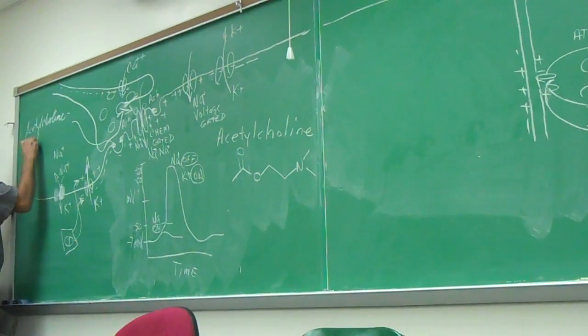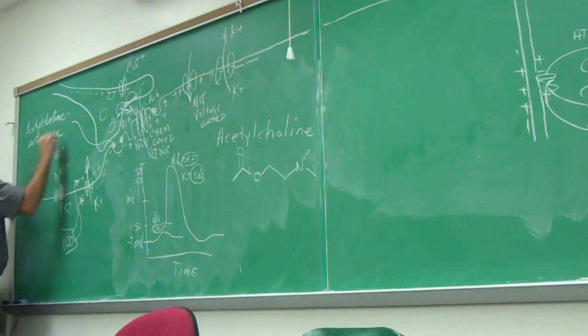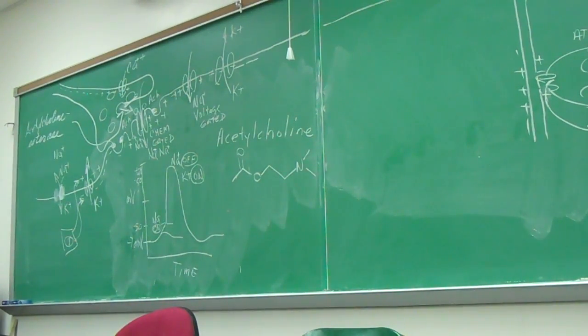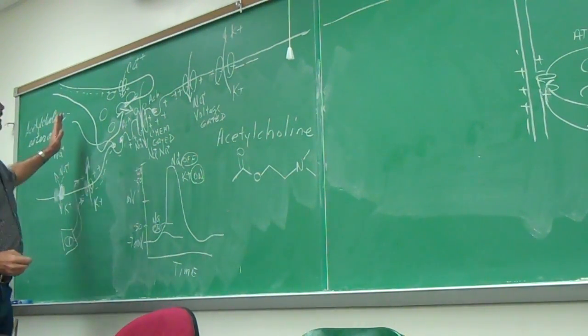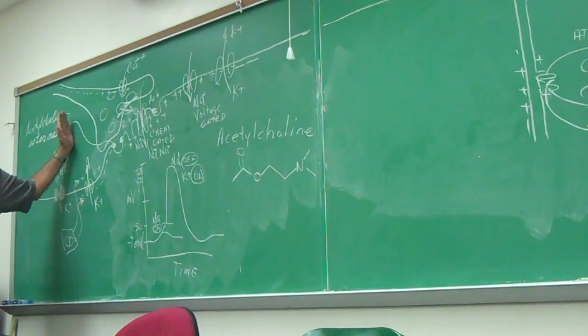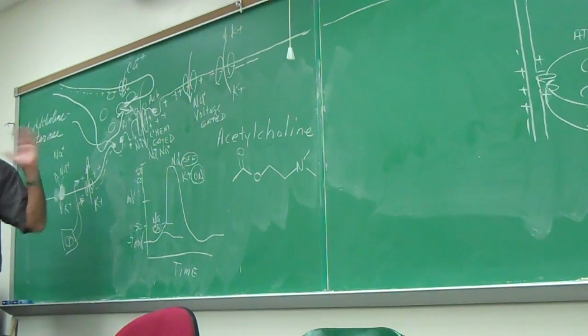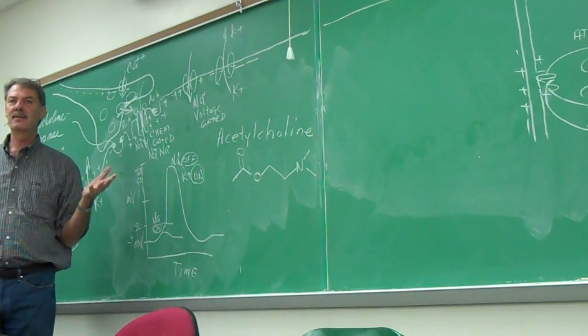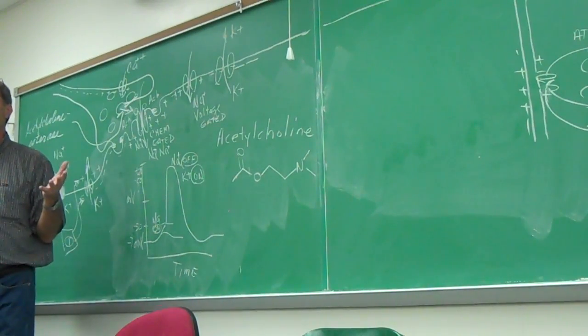Acetylcholinesterase. Now we've got some cursive writing in here too. Keep it interesting. This is an extremely important enzyme because just guess what happens without it? It keeps going. Seizures. That's right. Continuous muscle contractions cause seizures.